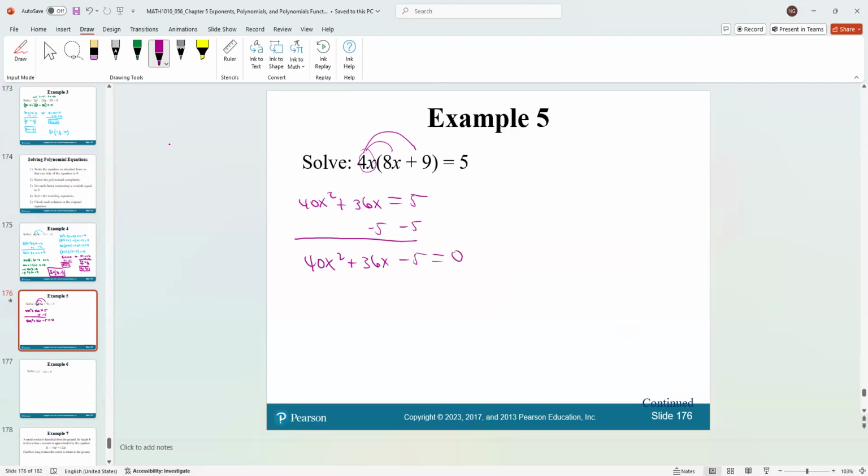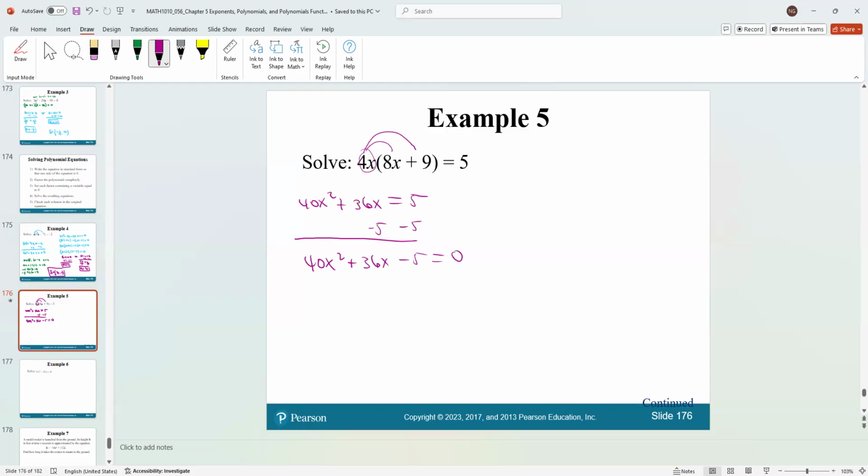Again, each term has a real number coefficient. We need to verify that they don't have any common factor. 36 and 5 have nothing in common.